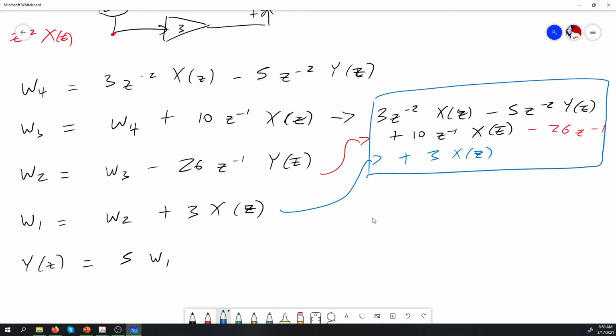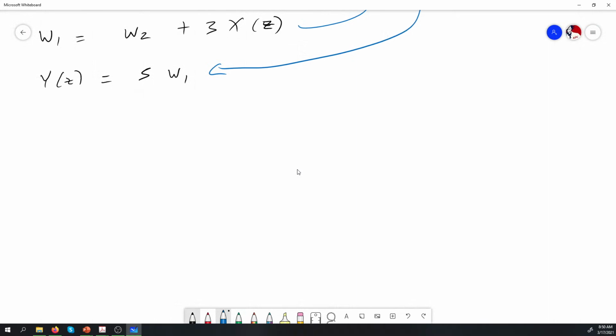So if we take this entire equation that we formulated in all our w's, and we put this into our y of z equation, what we will get is y of z equal to 15 x of z plus 5 into [3z to the -2 x of z, minus 5z to the -2 y of z...] in square brackets.